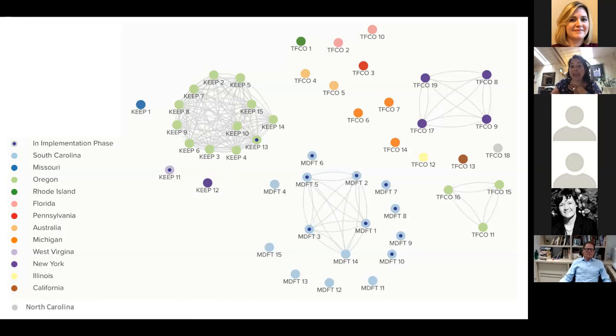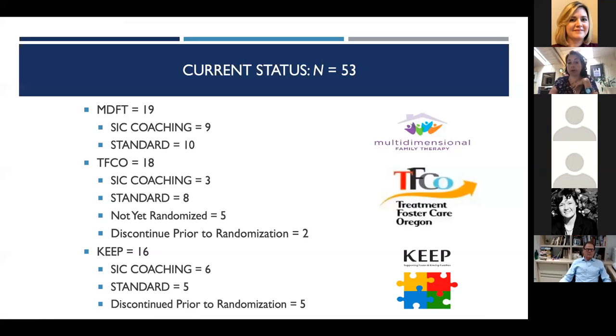So currently we have 53 different sites across the different programs. MDFT has 19, TFCO has 18, and KEEP has 16. So all of the programs are continuing to bring in a similar rate. KEEP joined us later. Our original programs were MDFT and TFCO, and KEEP was interested in this, and so they became a part of this a little bit later.